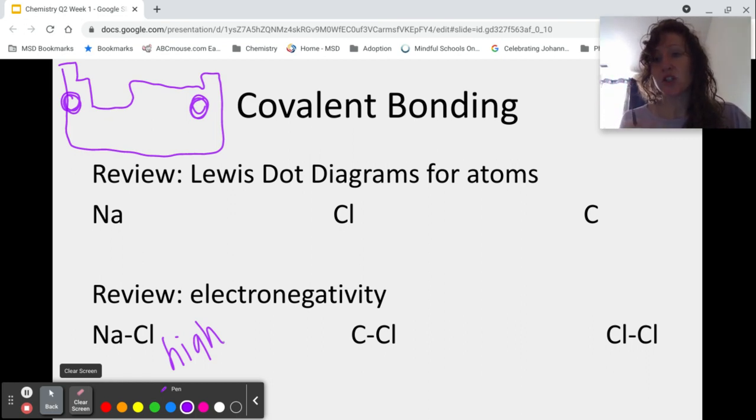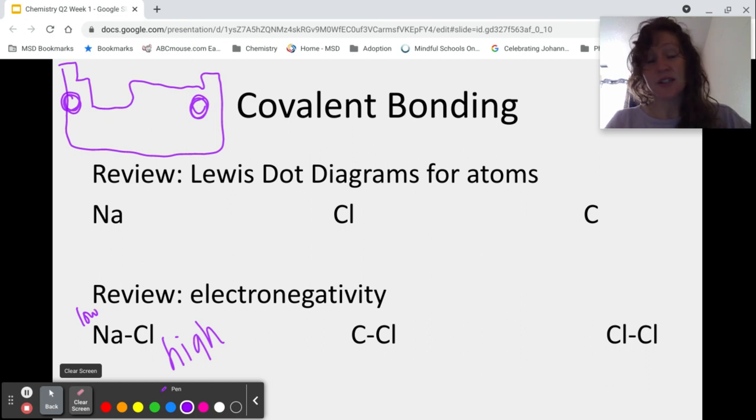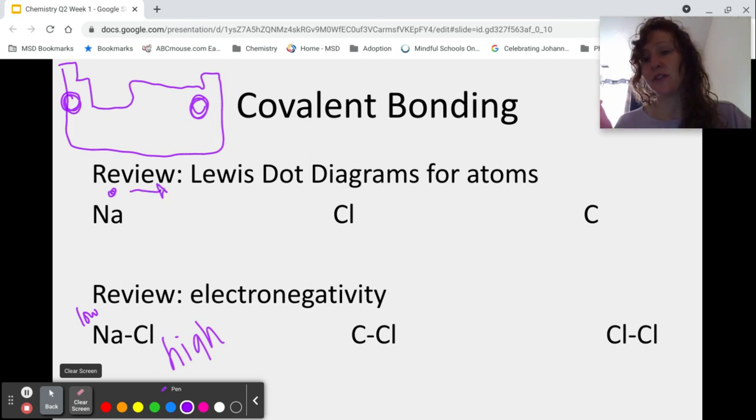Because of this extreme difference in electronegativity, sodium has very low electronegativity. There is not very much attraction between sodium's nucleus and its electron. And so sodium is going to tend to let that electron go very easily.